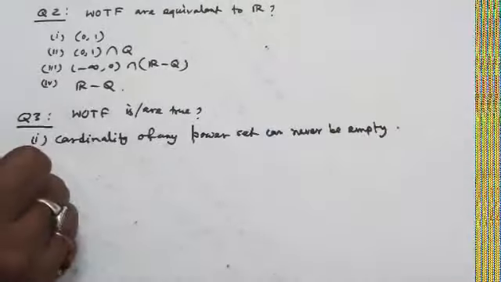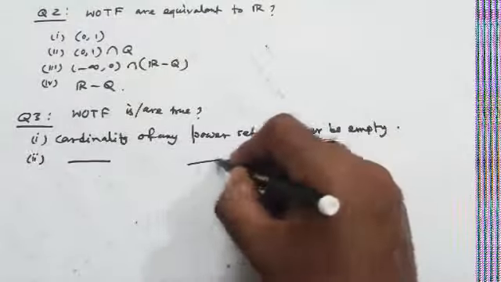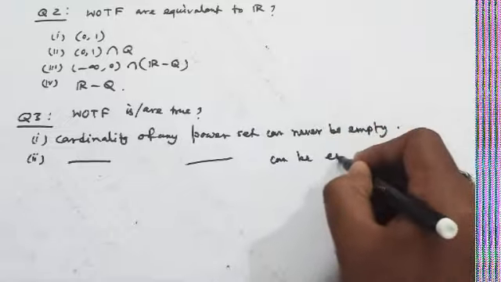Second option: cardinality of any power set can be empty.